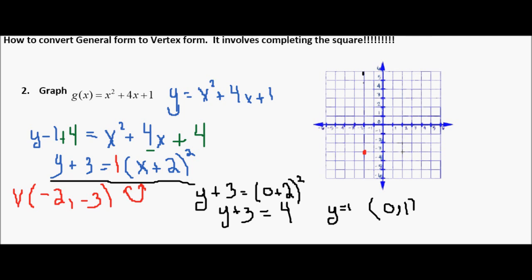So once again, let me put in this axis of symmetry here. It's the vertical line that goes right through the vertex. So 0, 1. And then if you want, you can just use the point that's symmetric to that.